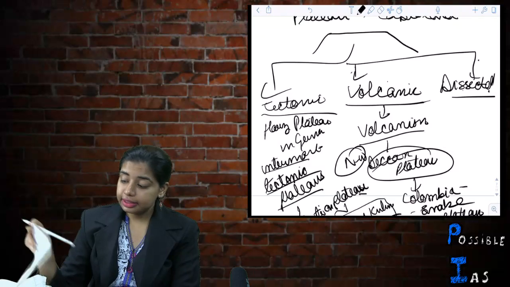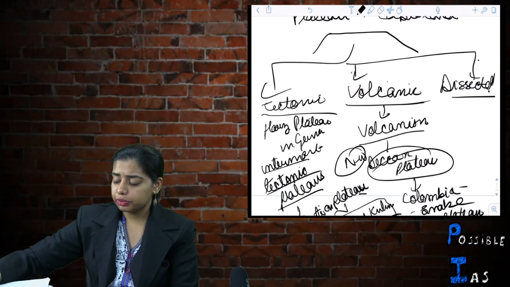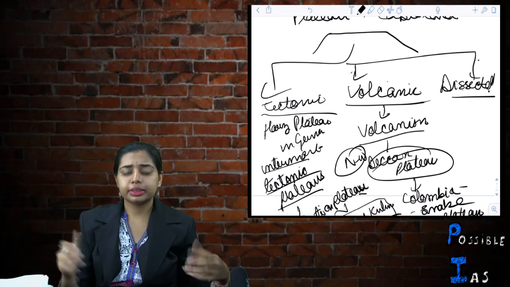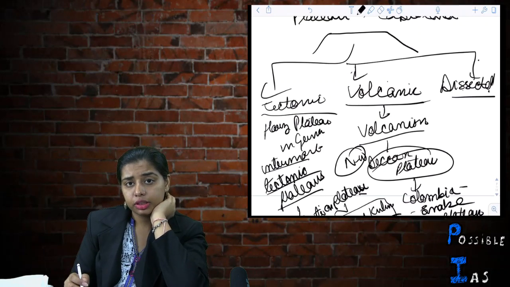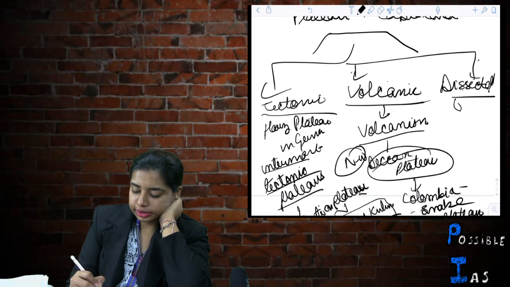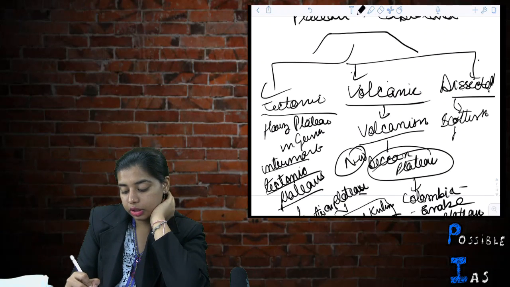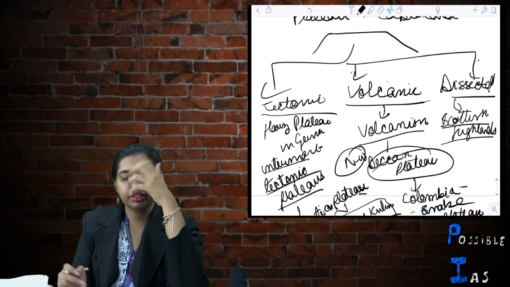Now next is the final type. This is the dissected plateau. So what are these dissected plateaus? When there are huge highlands, what can happen? They can be cut by rivers. For example, the Scottish Highlands. These huge plateaus can be cut by various rivers.